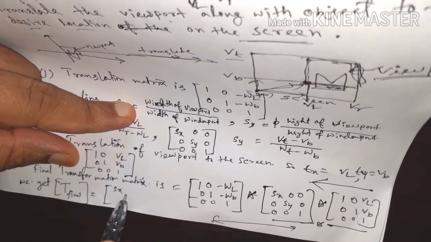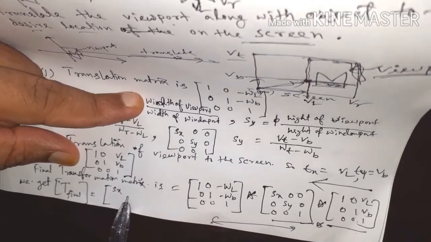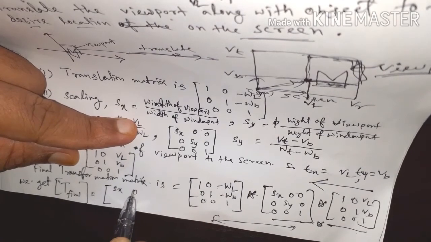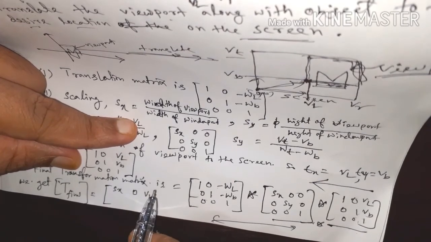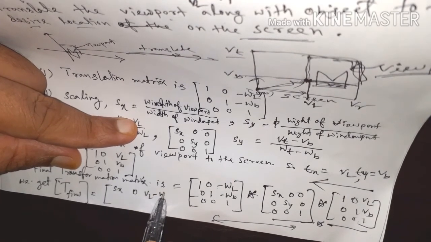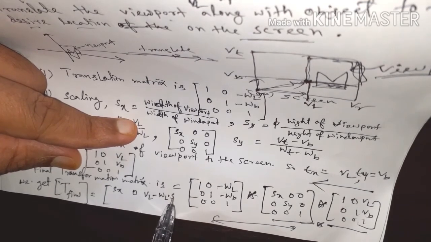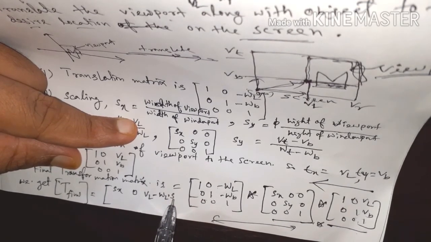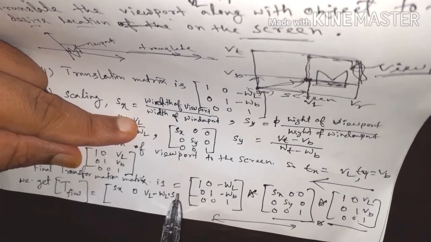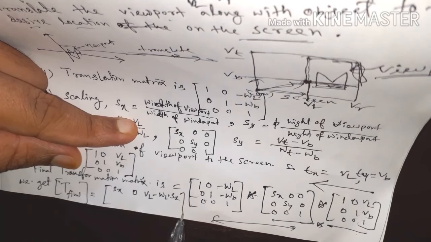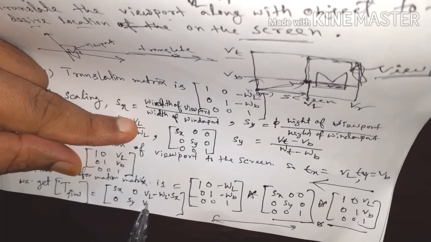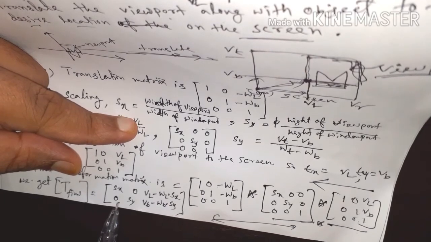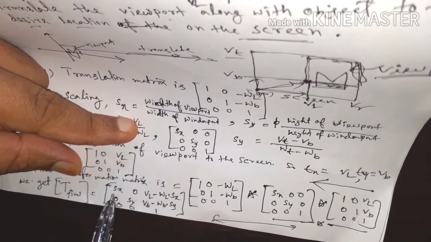Sx 0 VL minus WL into Sx, 0 Sy VB minus WB into Sy, 0 0 1 is the final matrix.